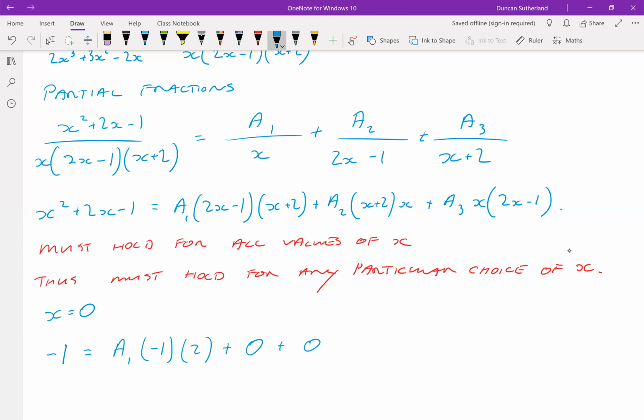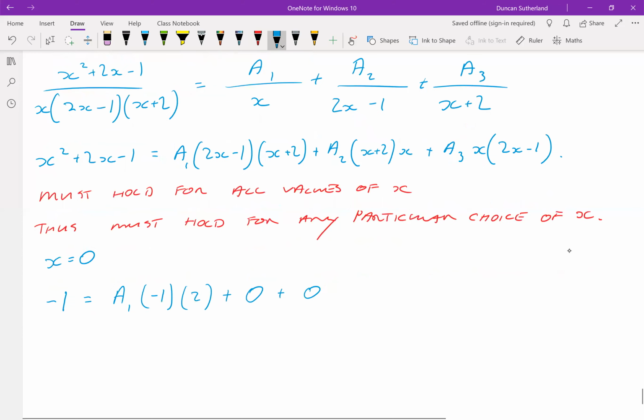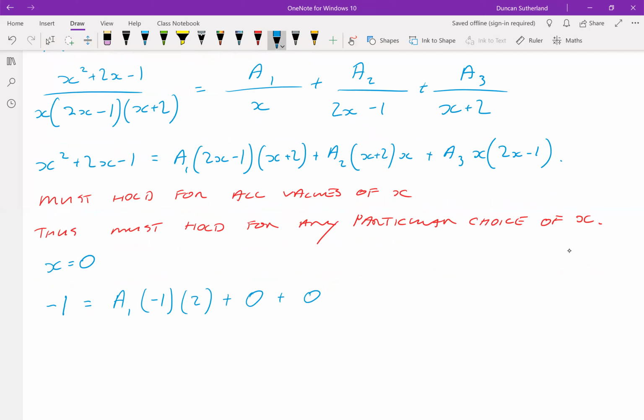So now I've managed to pull out an equation for A1, so now I know what A1 is equal to.